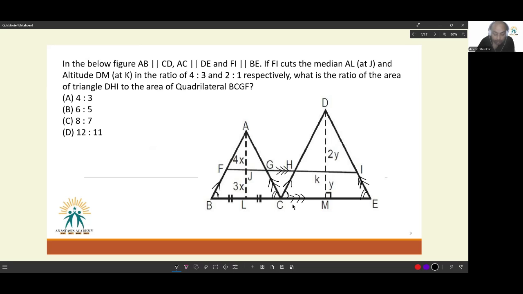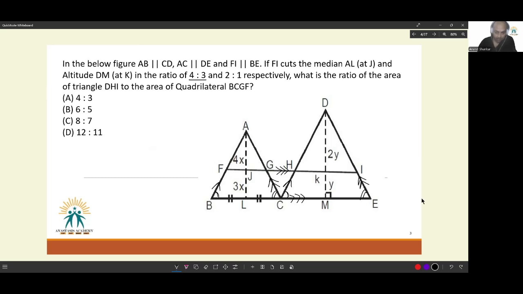It is not conclusively proven that this is needed for this question, but you can come to that conclusion very quickly. Okay. Now this AL was divided in the ratio 4:3 and DM was divided in the ratio 2:1.